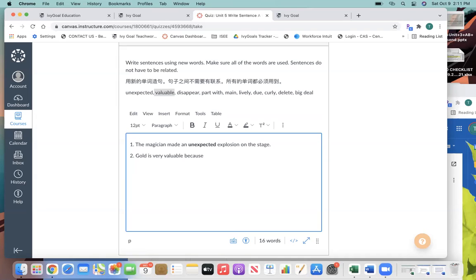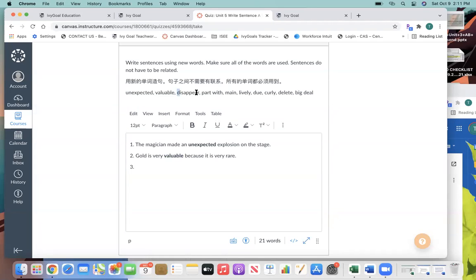Because there's only 2 or 3 big pieces. Okay. Because it is very rare. I like that. Not very many gold pieces around the world, right?